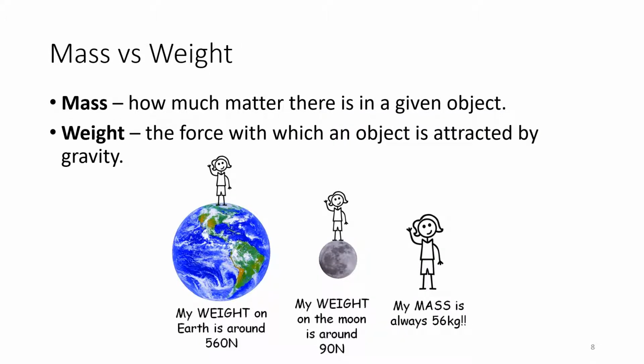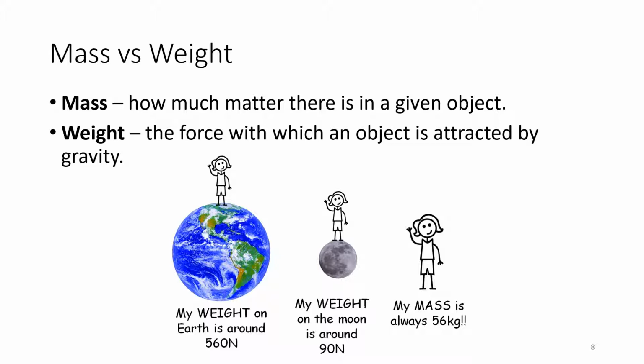We now know that matter needs to have a mass and occupy a space. But what is the exact difference of mass versus weight, which is our more common unit of measurement? Mass is defined as how much matter there is in an object, whereas weight is the force with which an object is attracted by gravity.